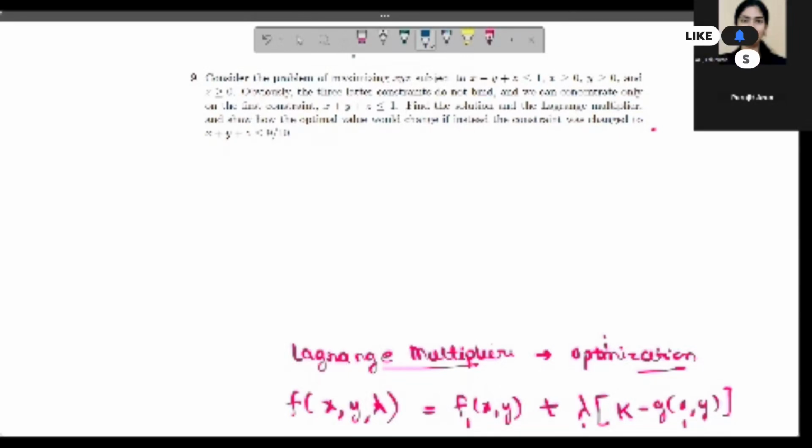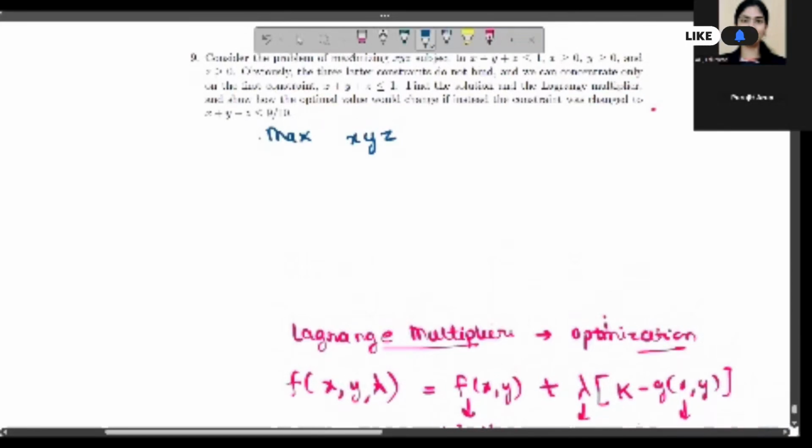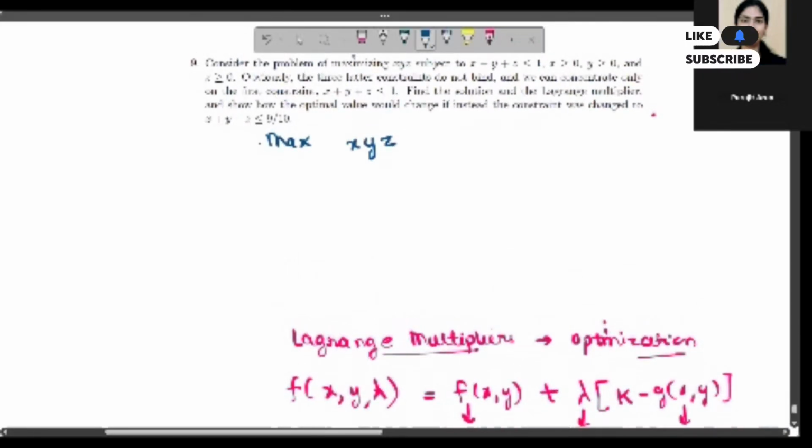Ma'am, here xyz is a function. Yes, whichever thing is asked to maximize or minimize, that is your main function, what we call the objective function. And then the constraint is given.